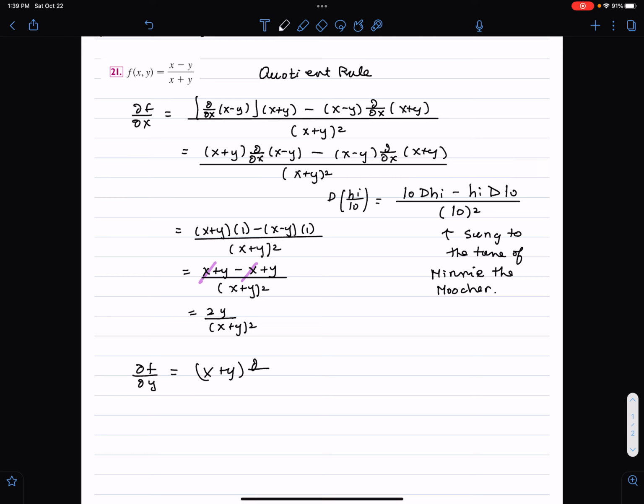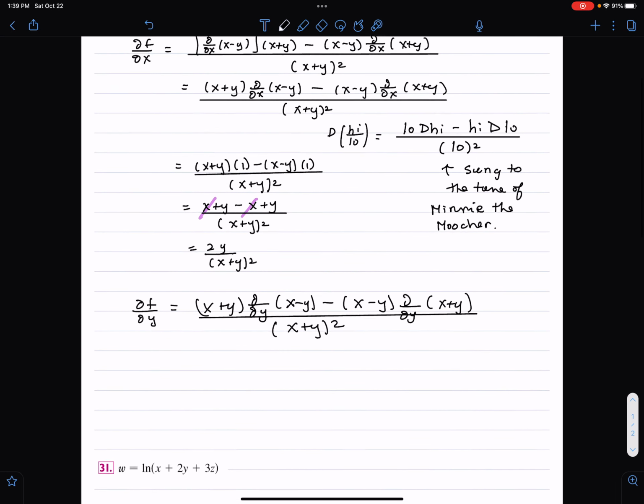I'm going to put it low d high, less the high derivative of the low, d low. I really often write this down using the prime notation, just putting a little thing like that, which is fine, except with partial derivatives, it's not clear whether we mean the derivative with respect to x or y. So that's why I'm not doing that.